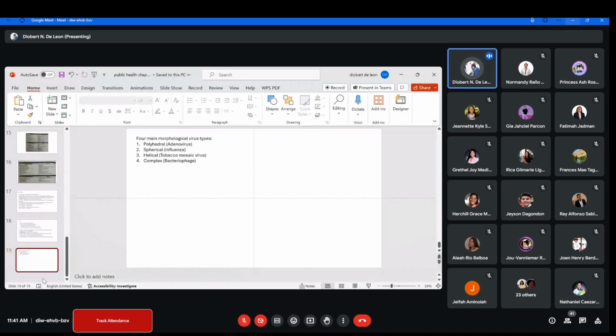We will only go up to the goals of epidemiology, so please read them all. And the different approaches in communicable diseases: we have the primary, secondary, and tertiary approach.